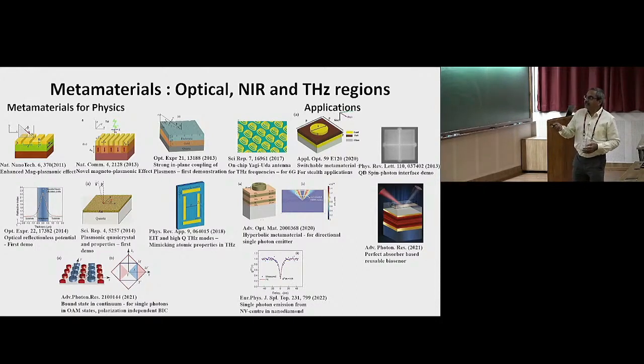We looked at strong in-plane coupling of plasmons, the strong coupling regime, for example. Then with Subhasish, this is all-optical reflectionless potential. This is one of the all-dielectric metamaterials. I'll show some on the plasmonic quasi-crystal, which Professor Jaldev also showed. In applications, we looked at an on-chip Yagi-Uda antenna, for example, and switchable metamaterials for stealth applications. Right?